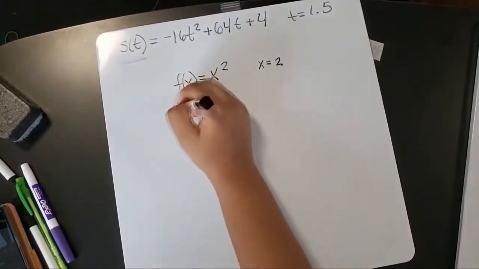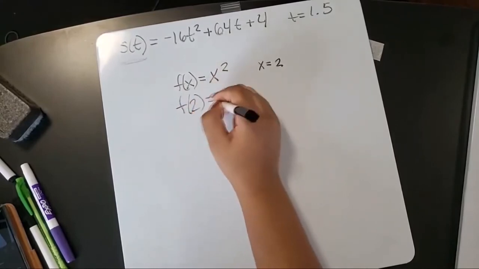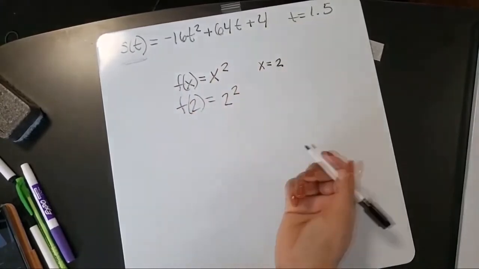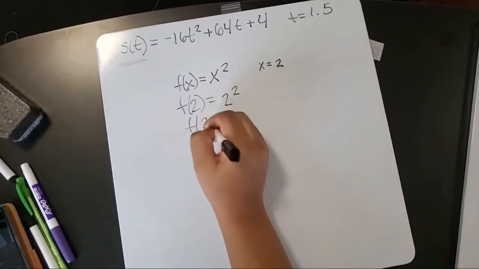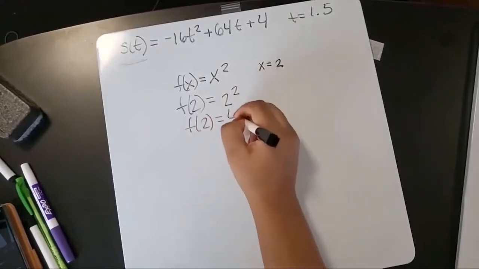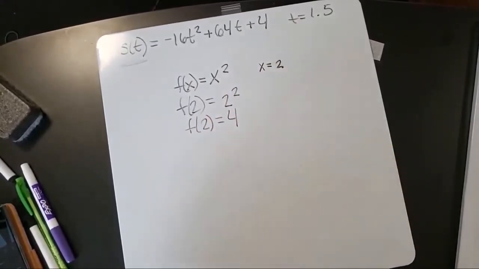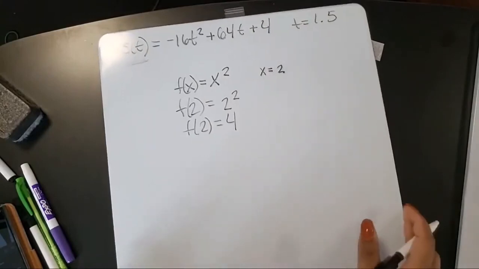So f of 2 equals 2 squared. And you keep it going. 2 squared equals 4. Okay? So that's basically what we're doing, if you are confused as to where we're going with this.